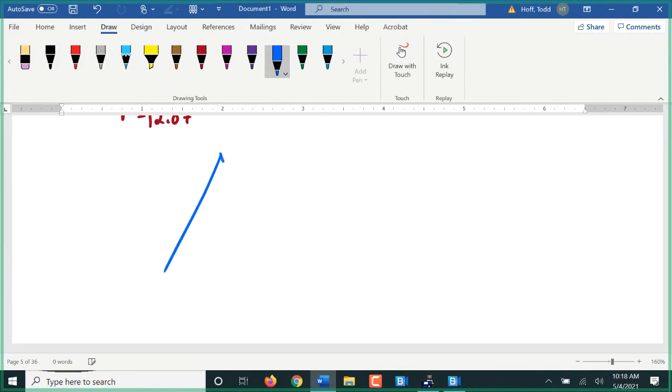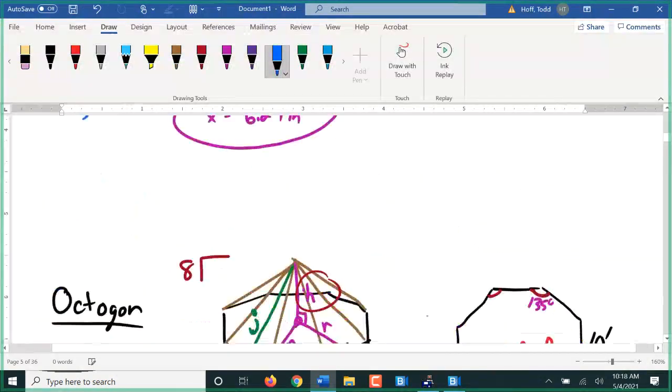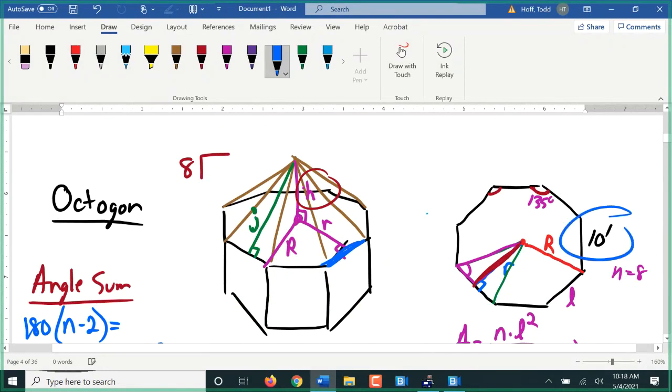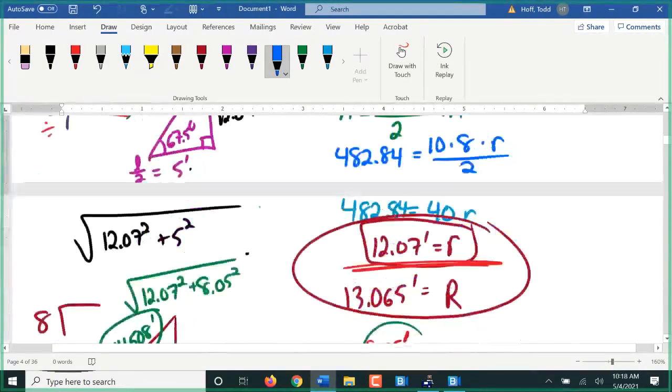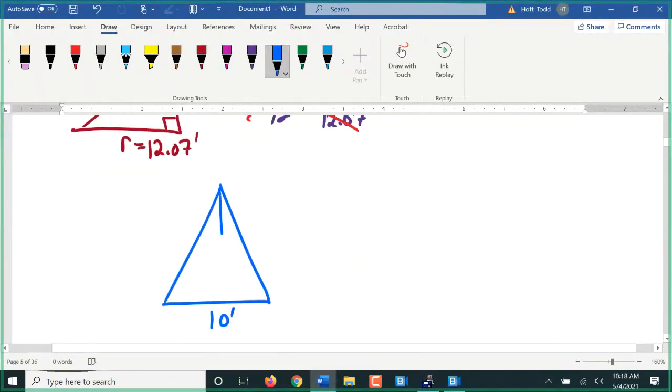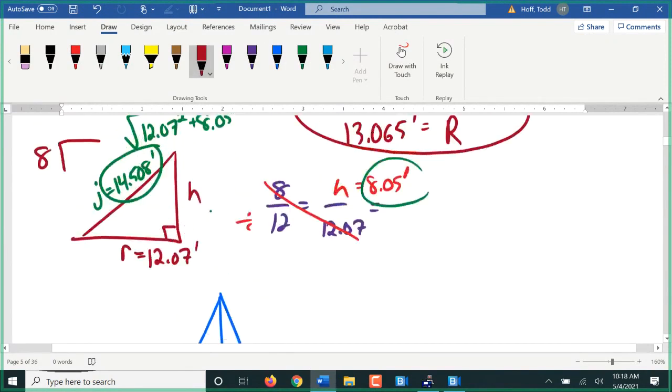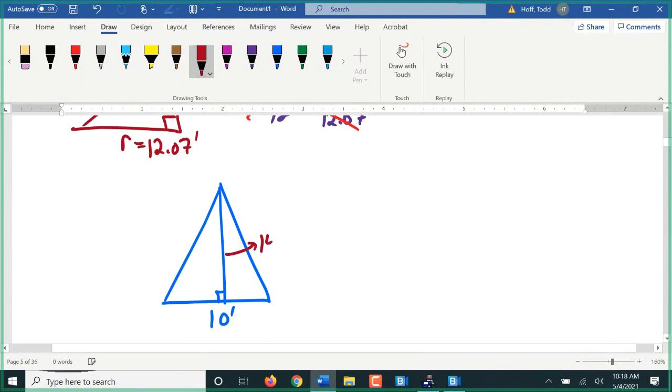So now we are ready to find the roof area of this. The roof area is made up of 8 triangles here that are 10 feet on the bottom. That's just the length of the side. This is 10 feet here, the length of the side of that, and a height of that 14.508 that we just found.